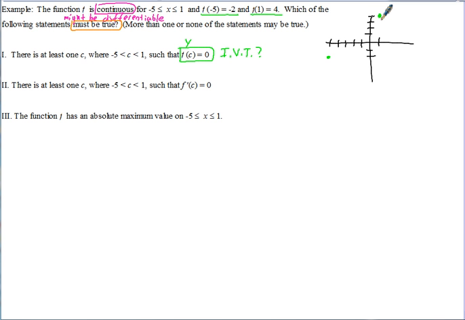It doesn't have to be differentiable. Does the y value have to equal 0 somewhere on this interval? In this case, you'll notice the graph does have to cross 0 somewhere, because 0 is in between the endpoints, unlike the last one where it wasn't. So since 0 is in between there, it has to cross not just 0, but -1, 1, 2, 3. It has to hit all of those y values in between -2 and 4 at least once. So this one must be true.